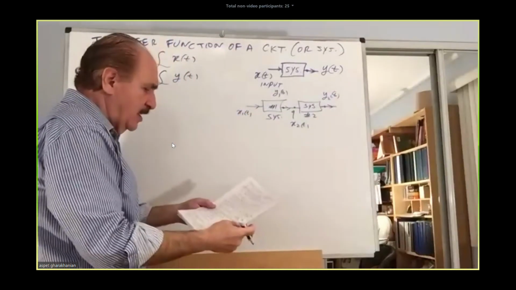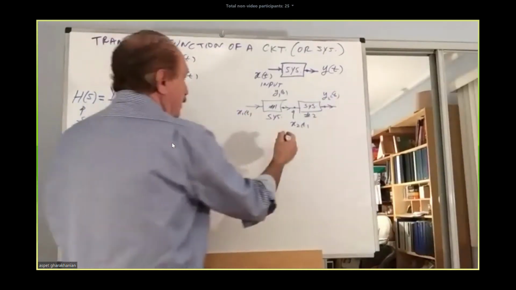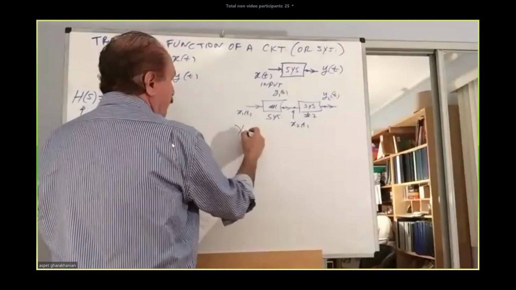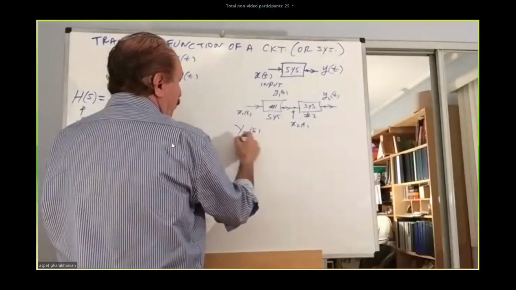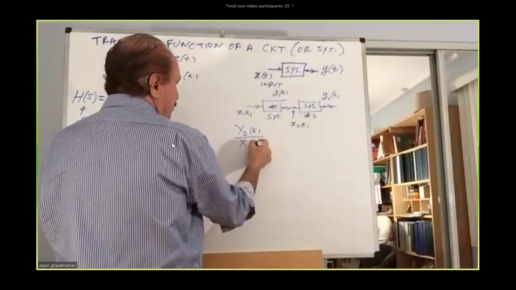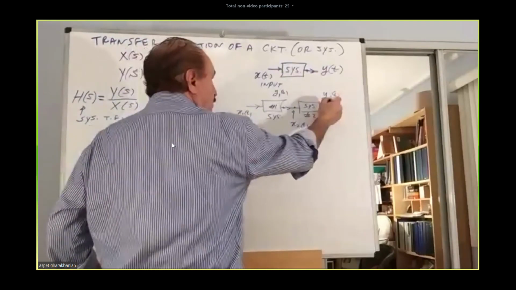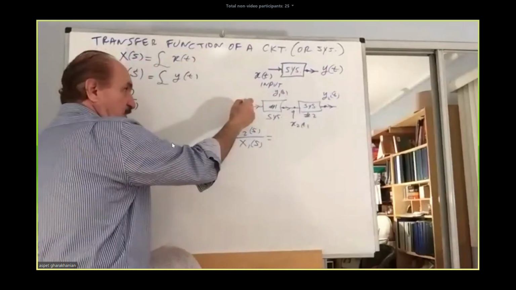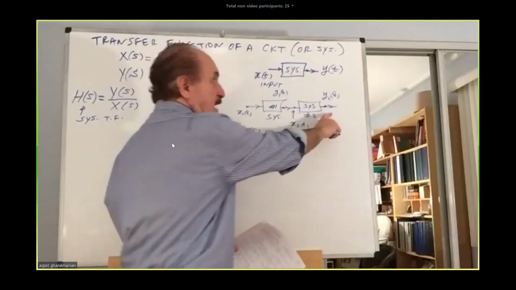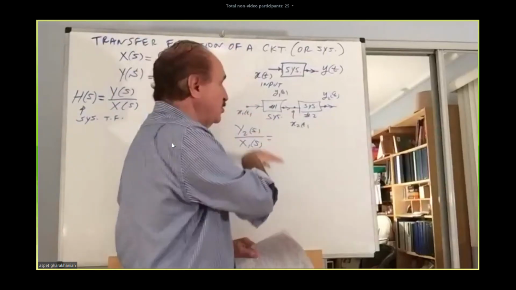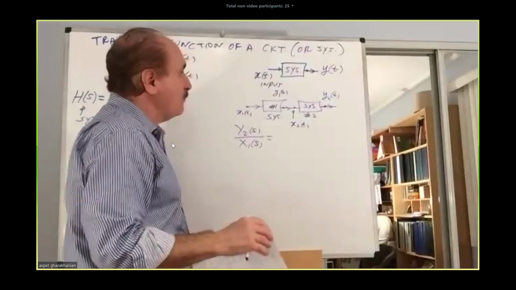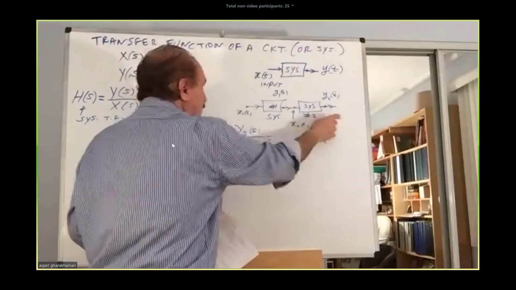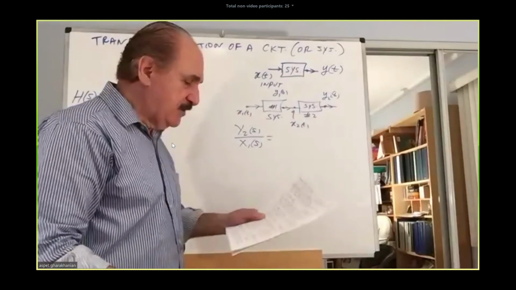Then it can be shown that y2 of s over x1 of s, in other words, the output Laplace over the input Laplace, because output is a time function, input is a time function, they're cascaded. The output Laplace over input Laplace will be simply the product.